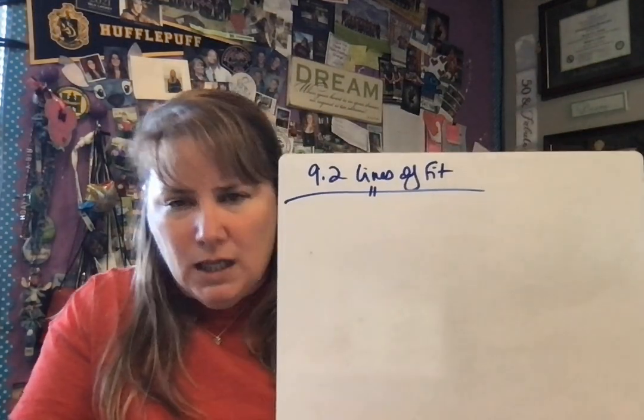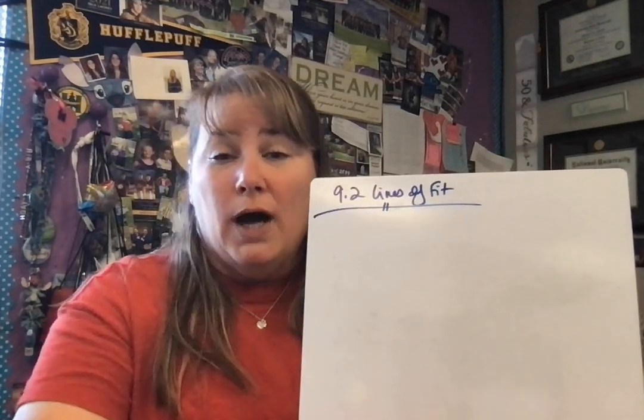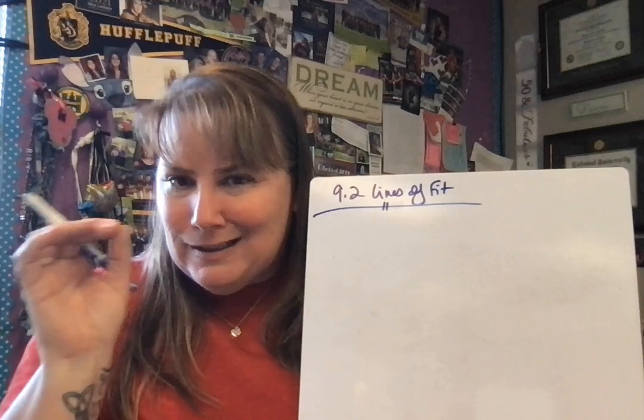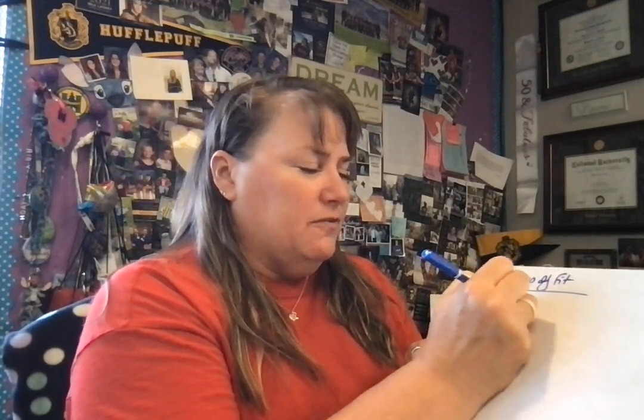So here we go. 9.2. Lines of fit. All right, there is only one problem we're doing today, but this one problem has a lot of parts. So let's define a line of fit. Line of fit.